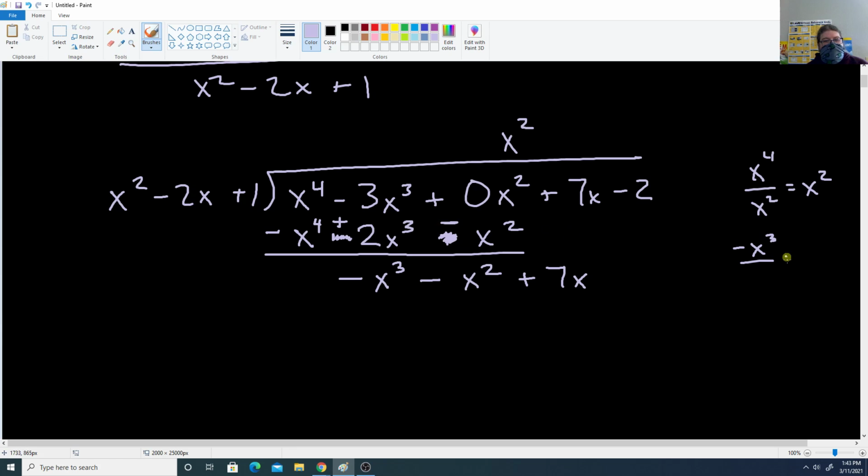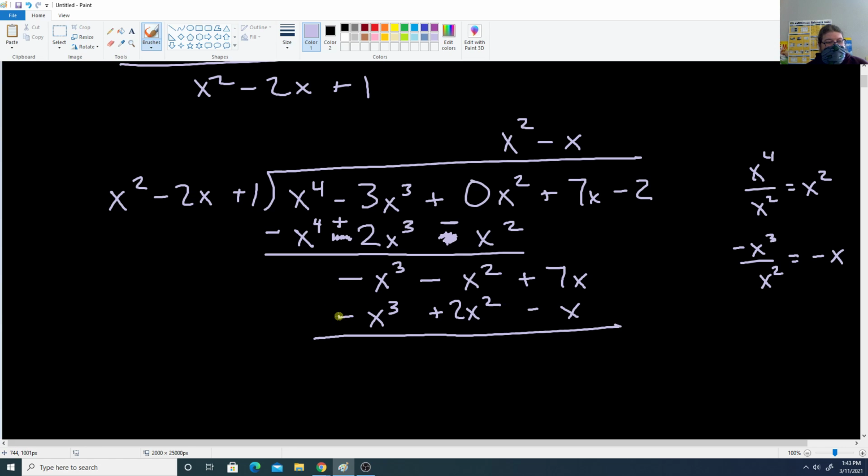We divide it by x squared. Negative x cubed divided by x squared gives us negative x. So I'm going to put the negative x over x's position. Negative x times x squared is negative x cubed. Negative x times negative 2x is positive 2x squared. Negative x times 1 is negative x.